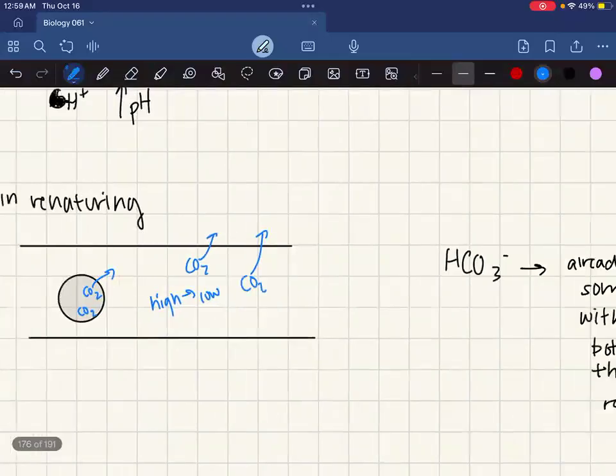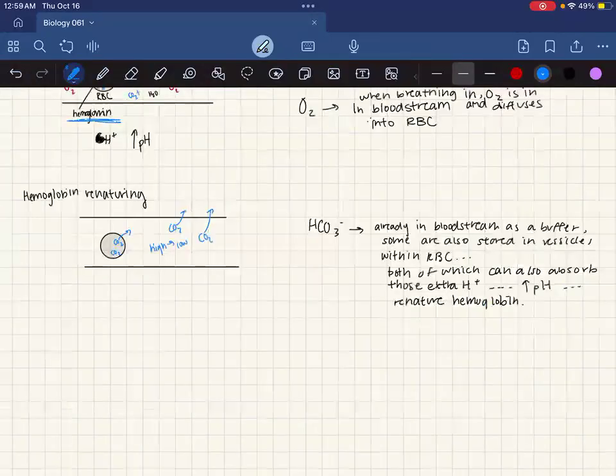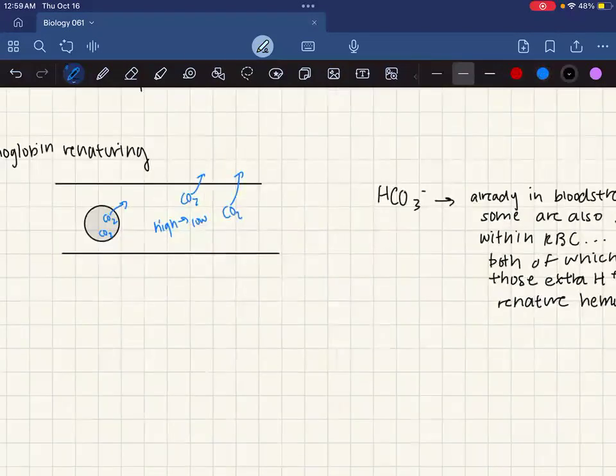And another thing that I didn't mention in the first video is the role of bicarbonate. We have bicarbonate already in our bloodstream as a buffer.